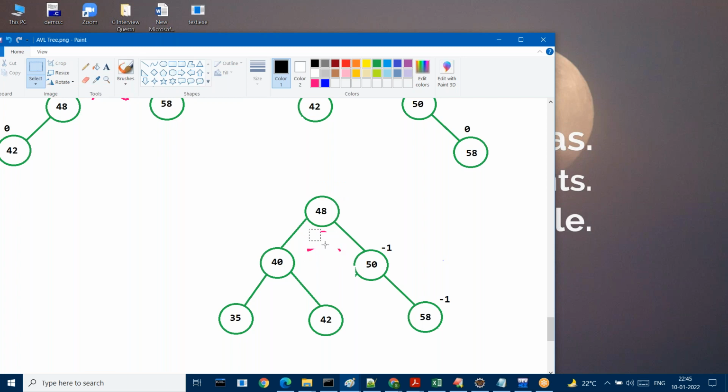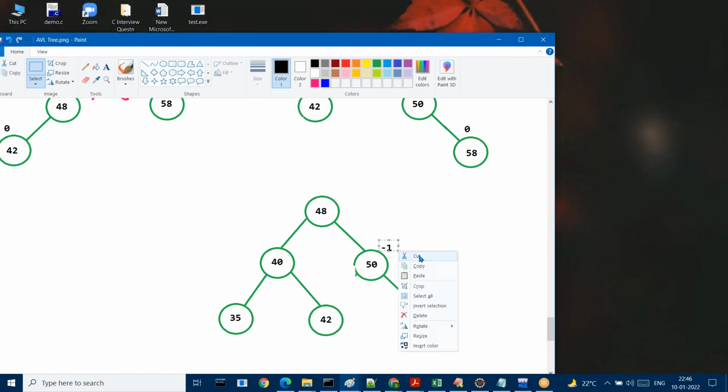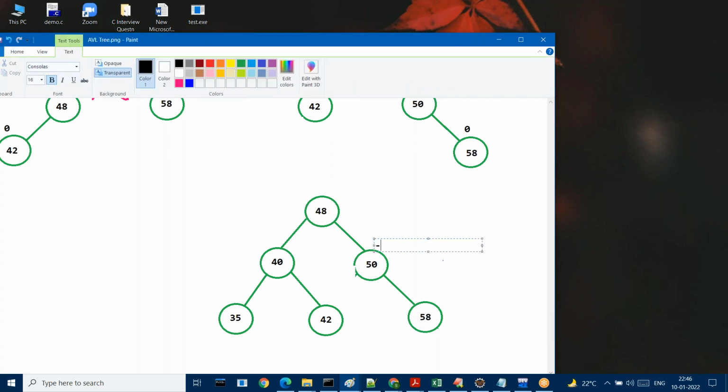Check it out now. Do I need to calculate or have you calculated already? Check that. You calculate the balance factor of any nodes. Sir, leaf nodes no need to calculate. Why should I calculate? Wastage of time. This one 0, minus 1, minus 1. Sir, this one 0.